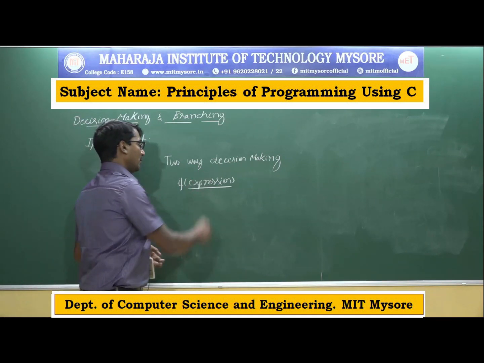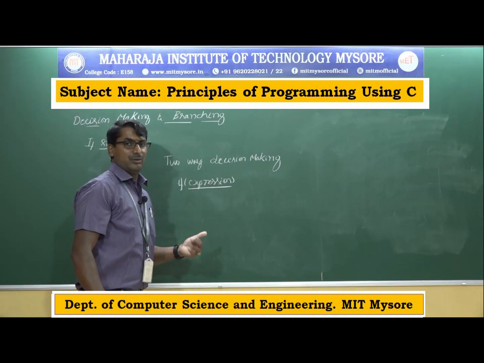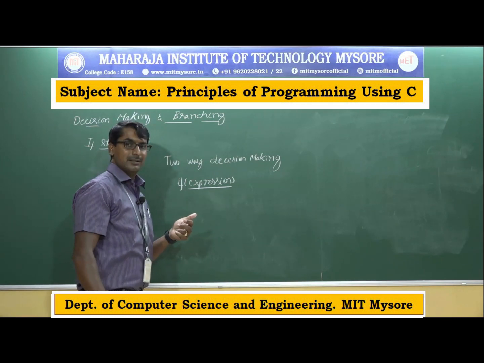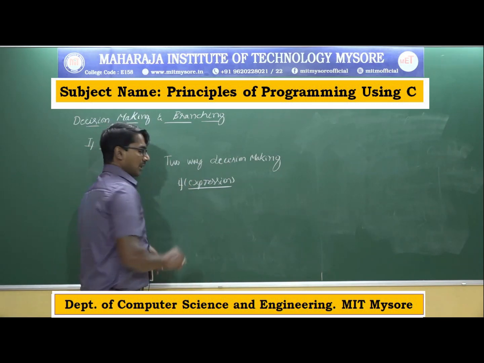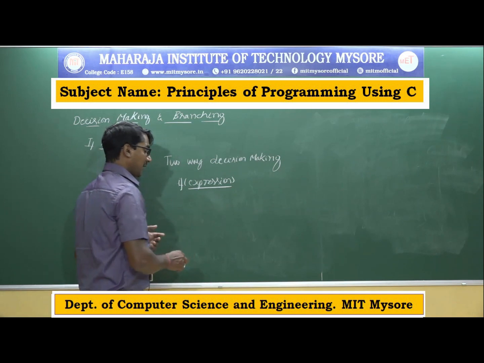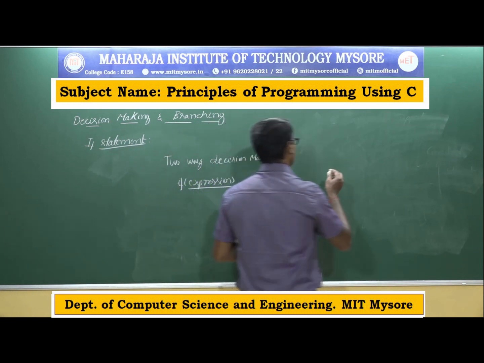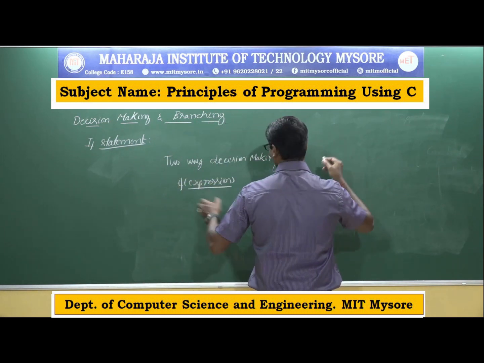The expression returns two possible values, 1 and 0. 1 indicates true and 0 indicates false. So if the condition is true, the statement will execute; if false, it will be skipped. That is the general syntax.